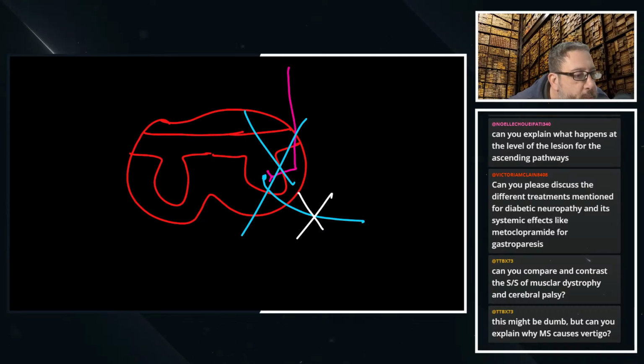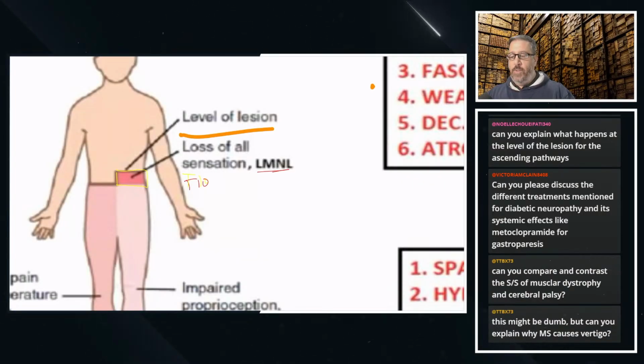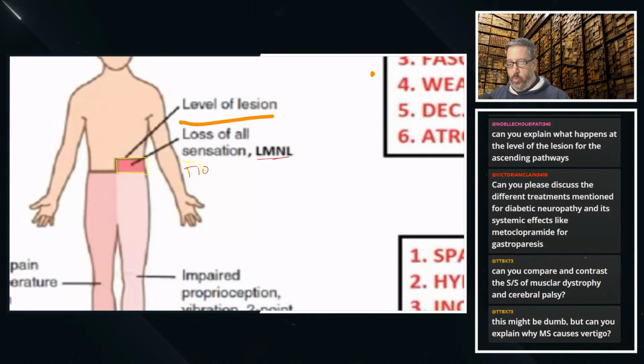What's the next one? Level of the lesion for ascending pathways. At the level of the lesion, we lose all sensation. Nothing can come up with our proprioception. Two-point discrimination wants to come up.